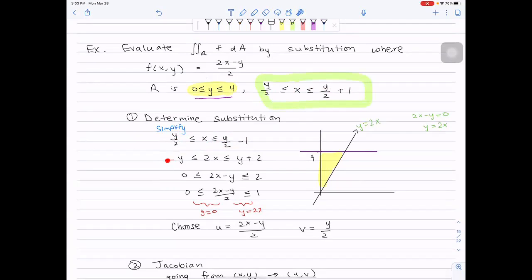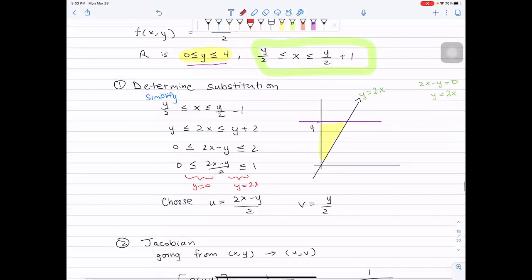I subtracted y from both sides to get this line, and I divided by 2 to get this line. So we have this expression with bounds from 0 to 1. If we rewrote that expression, 2x minus y over 2 equals 0, that's our lower bound. That gives us y equals 0, so that is this line, y equals 0.